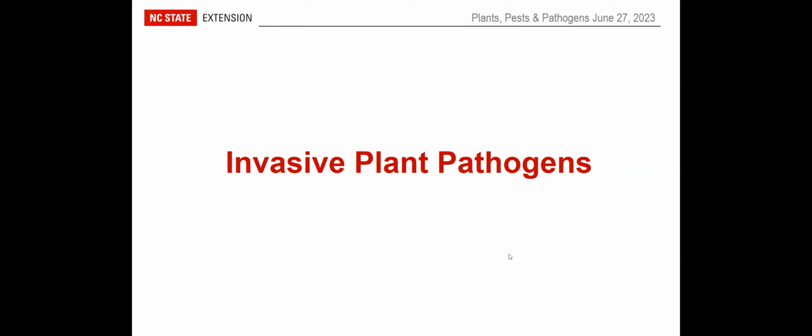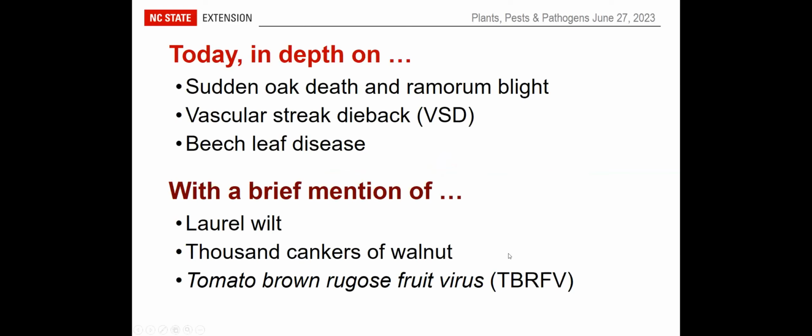And I want to focus my attention on three of those, which are sudden oak death and ramorum blight. That's one thing, and I'll explain why that's the case. Then vascular streak dieback and beech leaf disease.